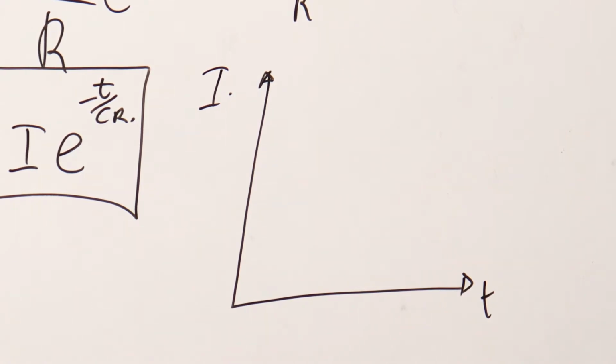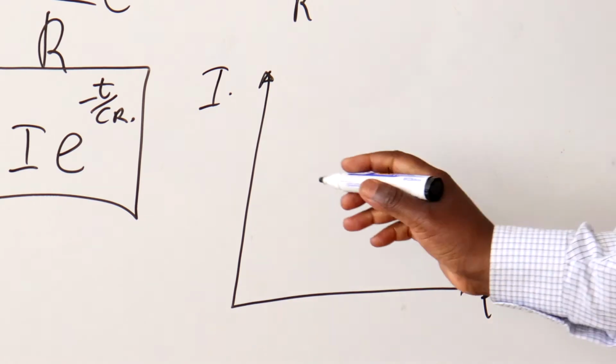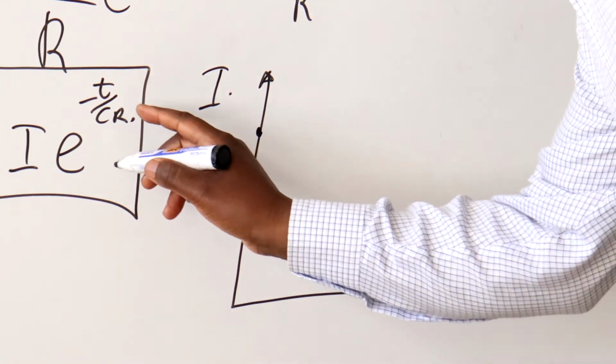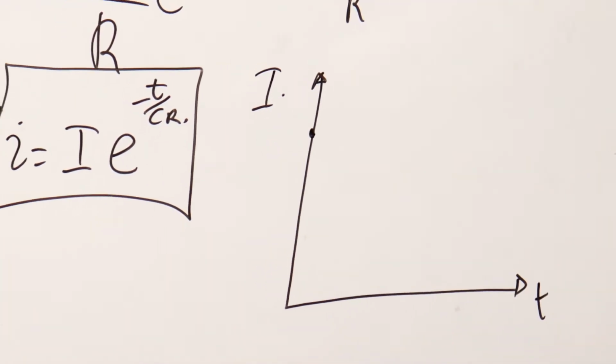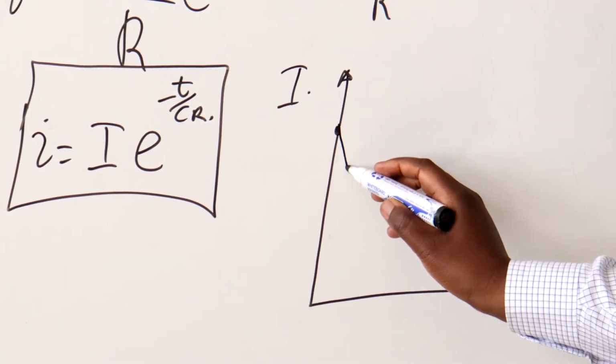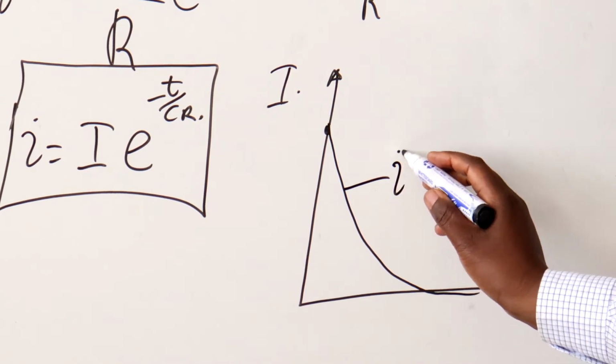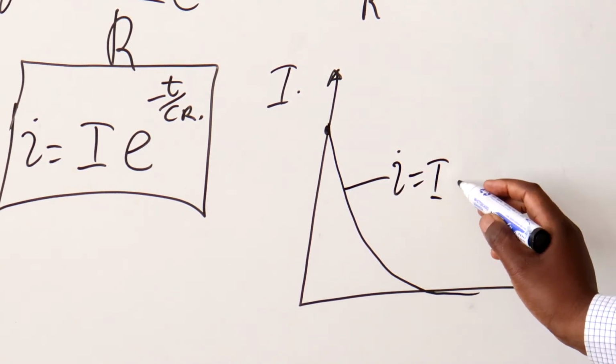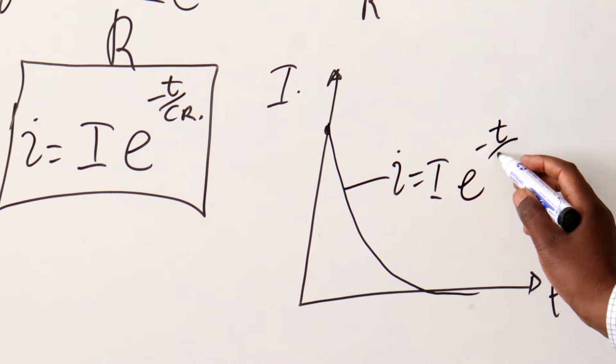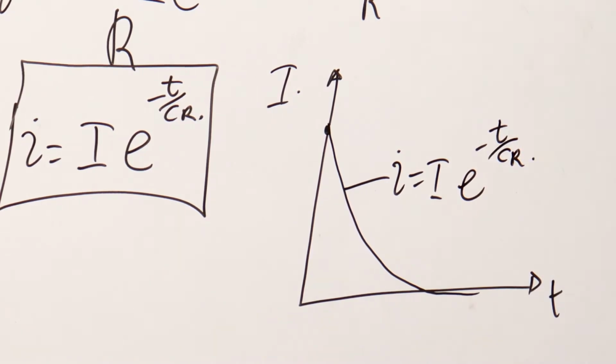T is 0 and we get I, so we shall expect our I to be here. When time is maximum, then this will also be 0. So we shall expect our curve to be this way. This is I equals I E to the minus T over CR. That's how the curve for charging current appears to be.